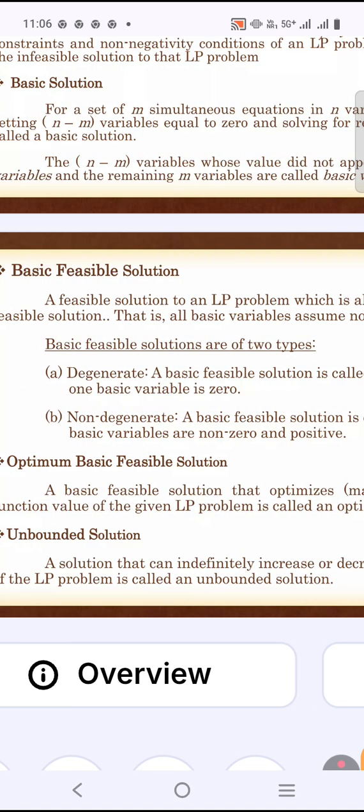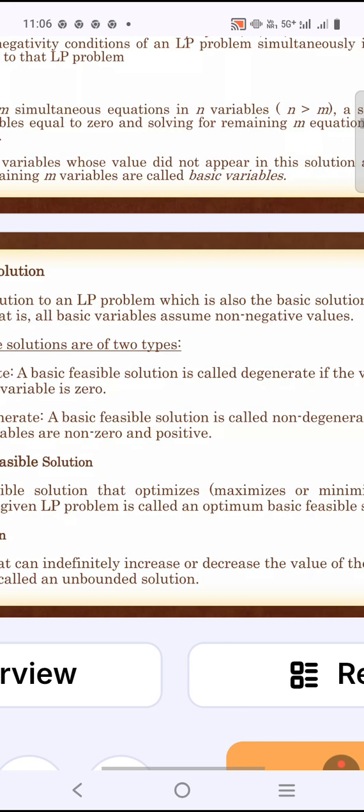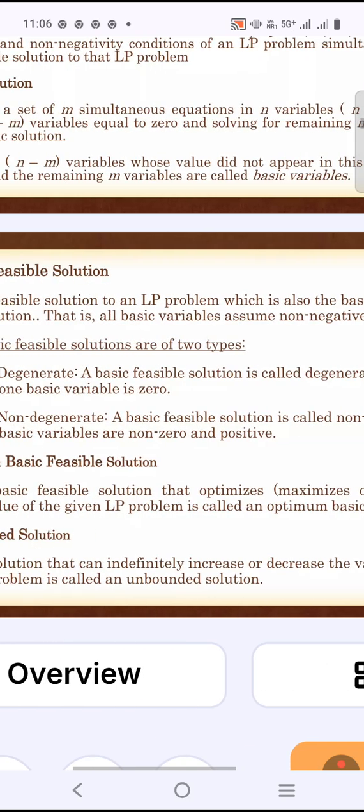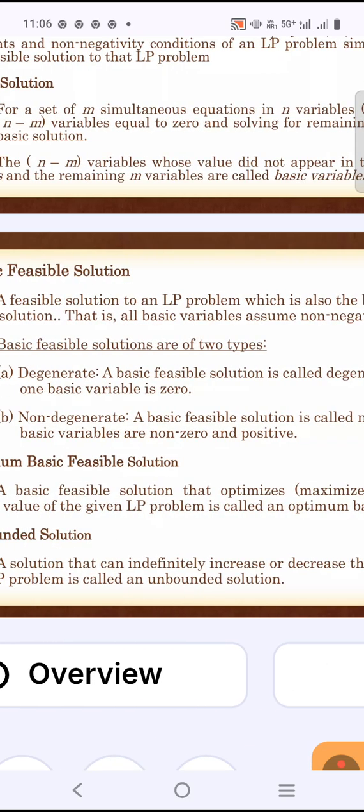Basic feasible solutions are of two types: first degenerate and second non-degenerate. A basic feasible solution is called degenerate if the value of at least one basic variable is 0.